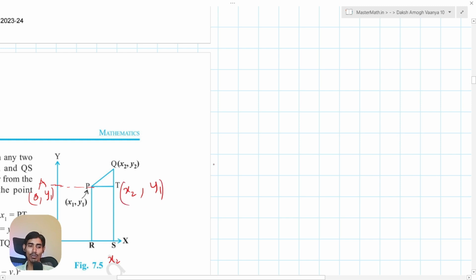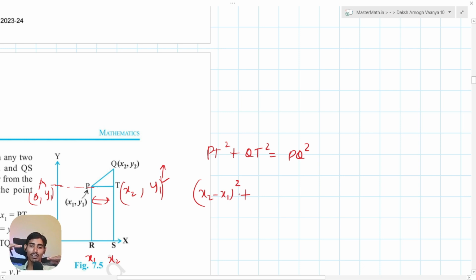These are the coordinates. So now we can find what is going to be PT and what is going to be QT. So PT square plus QT square is equal to PQ square. We are deriving the distance formula. PT is what? P to T is x2 minus x1, the difference of x2 and x1. Just check the coordinates of x.